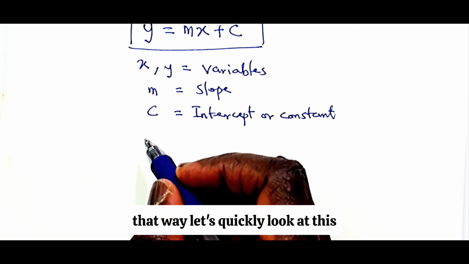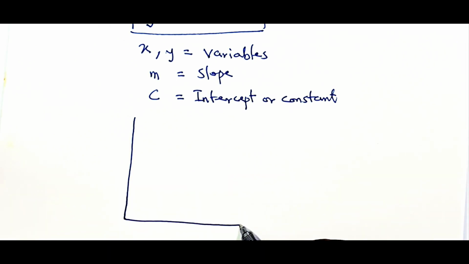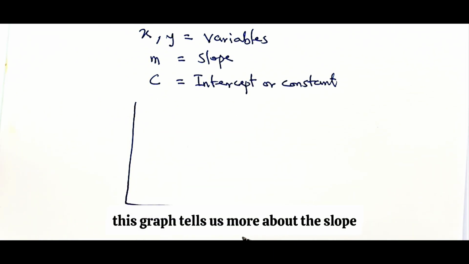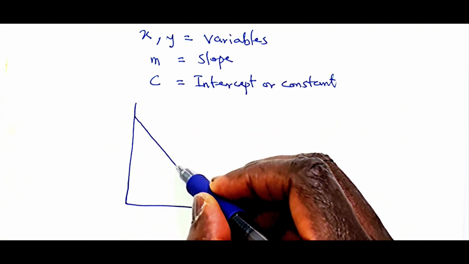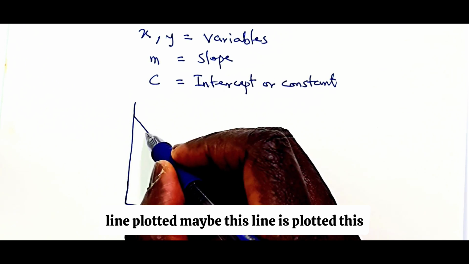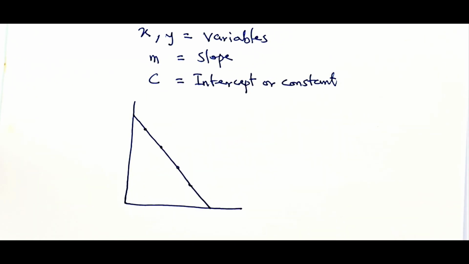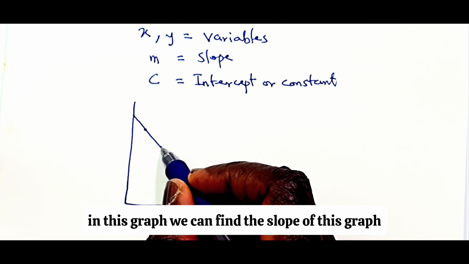In that way, let's quickly look at this graph. This graph tells us more about the slope. If we have this line plotted, this is an example of a straight line graph. In this graph, we can find the slope.